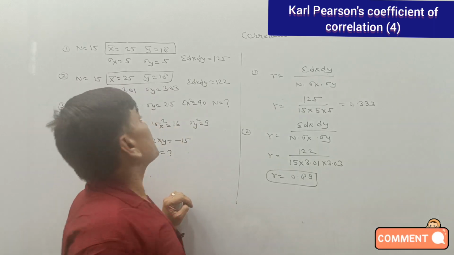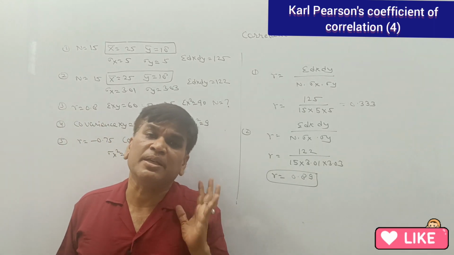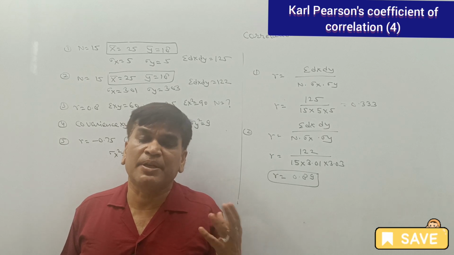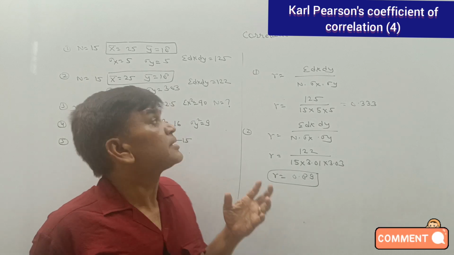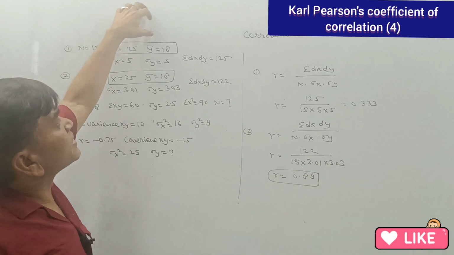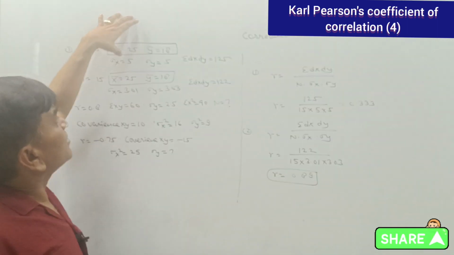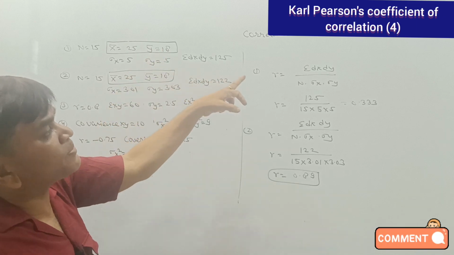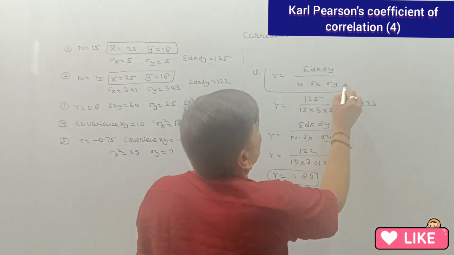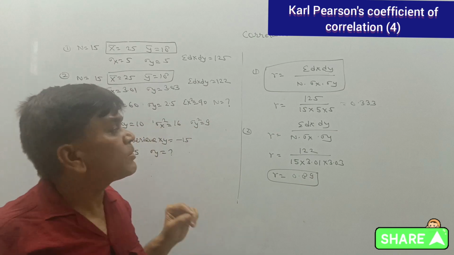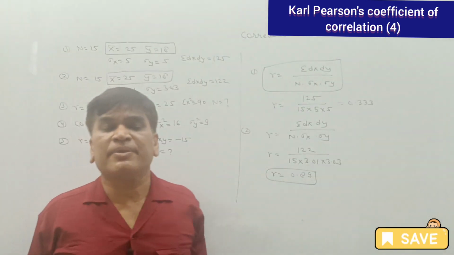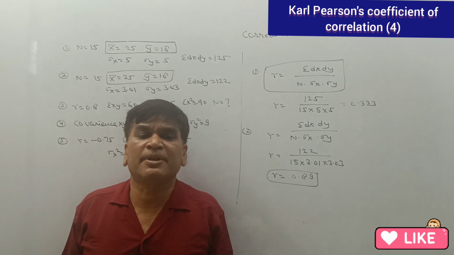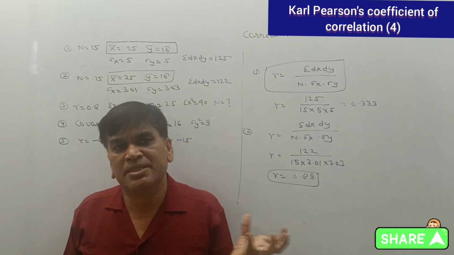Very simple. First and second questions are done. In the first question also, n is 15, standard deviations 5 and 5 are given, and x bar and y bar are given, but that is not useful because our formula does not require x bar or y bar. Our formula is sigma dx dy divided by n, standard deviation x and standard deviation y.